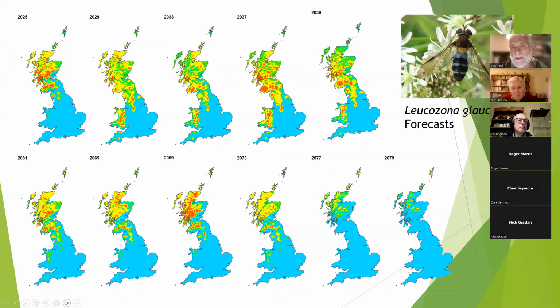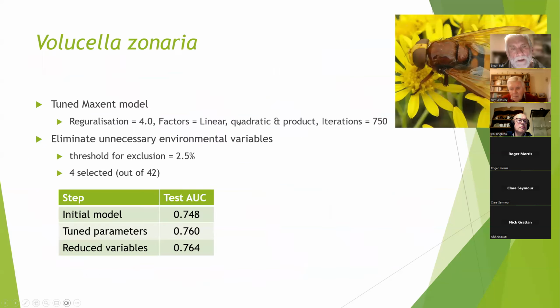And by about the mid-2070s and 2080, we're running out of land in the northwest, and so we are pushing this species out, essentially. So the forecast is suggesting this further trend of northwestward movement.